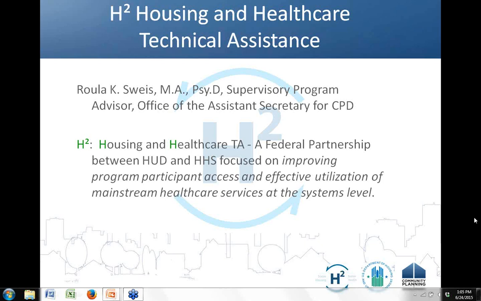The distribution of spending is even more uneven within Medicaid, the primary insurer for a large portion of the people HUD serves. One of CMS's 2013 informational bulletins cites that just 5% of Medicaid beneficiaries account for 54% of total Medicaid expenditures, and 1% account for 25% of total Medicaid expenditures.